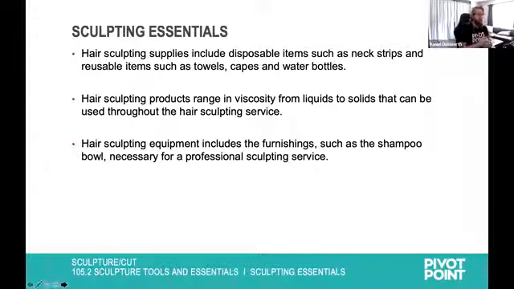A few other things I even like to talk about, which this sentence sounds a little funky, but hair sculpting products range in viscosity. I'll be honest, I actually really love using what is commonly known as a cutting lotion while doing a service. Many different products create cutting lotions or these leave-in spray treatments that keep the hair wet for longer, so you turn to your water bottle less frequently, but they also help create a really nice glide through the hair.